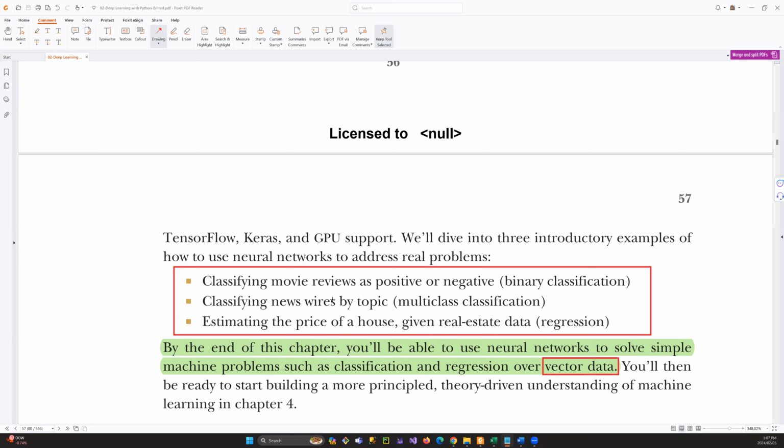Okay, so, classifying movie reviews as positive or negative. This is one of the most common things we do in machine learning as well as deep learning.